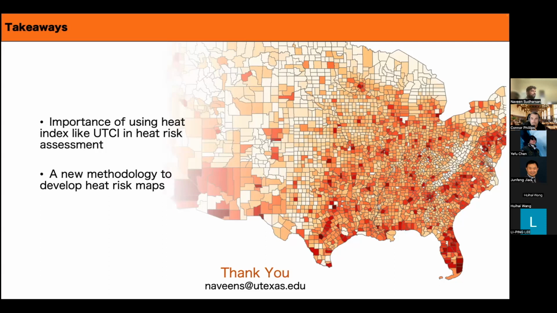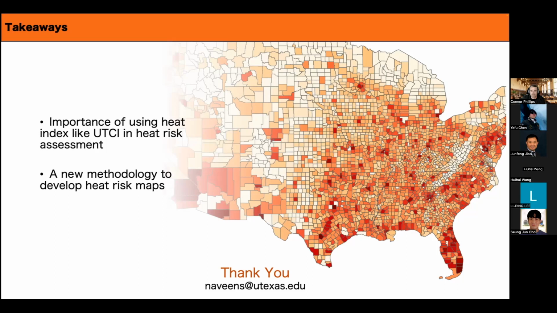In this particular model, we had a clothing model as well as a physiological model that shows human metabolism, so this model is considered the best suited for anything related to human health. And here we show a new methodology for developing heat risk maps.